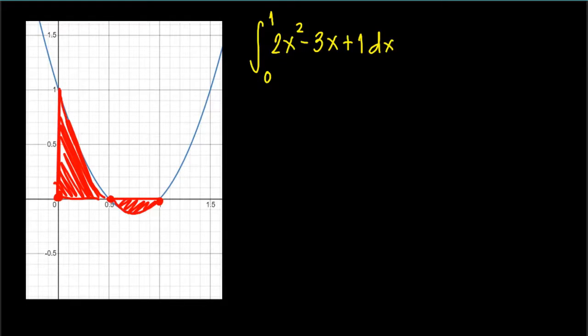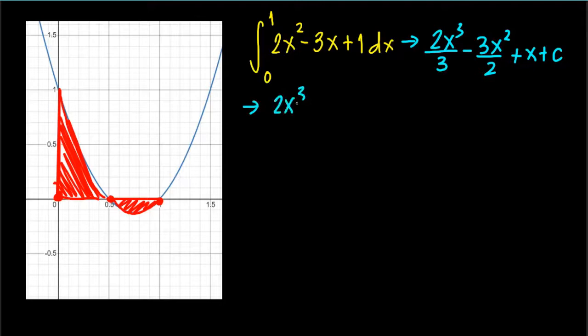Now, you can immediately go to your indefinite integral. Once again, it's 2x cubed over 3 minus 3x squared over 2 plus x plus c. Then evaluate 2x cubed over 3 minus 3x squared over 2 plus x from 0 to 1. It's upper minus lower.